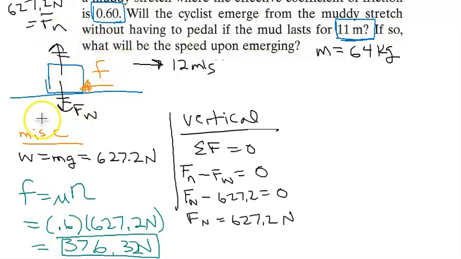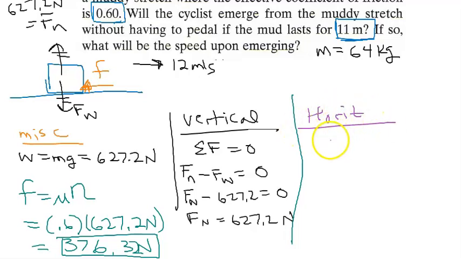All right, so we've taken care of the up and down forces. We found out what friction is, but we haven't figured out what it's doing to the object. So horizontally, sum of the forces equals ma. There is only one force, and it is negative.